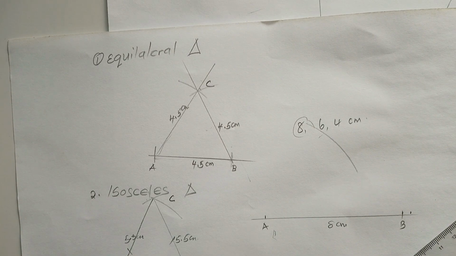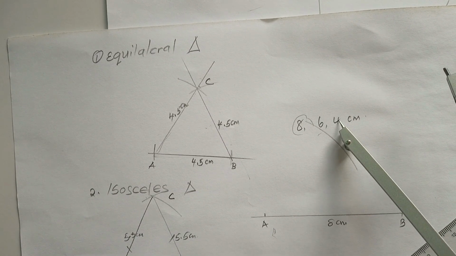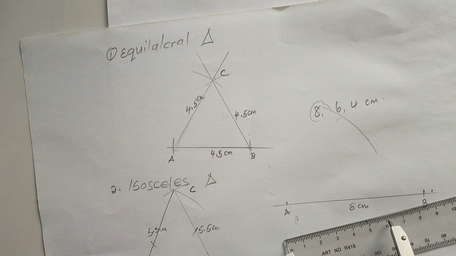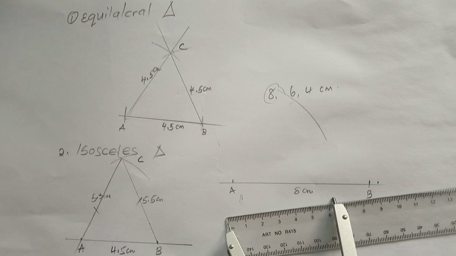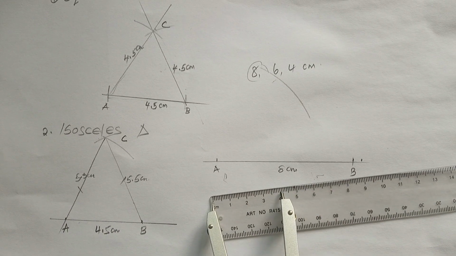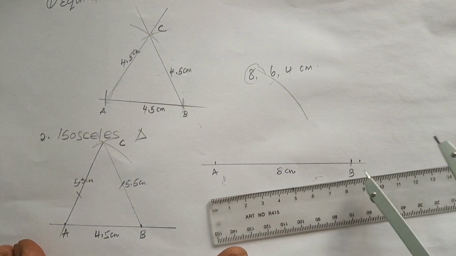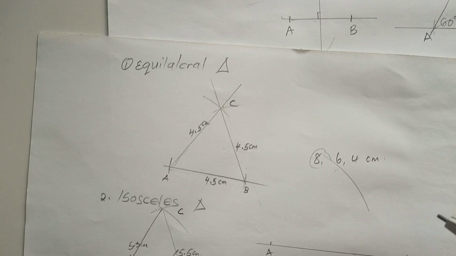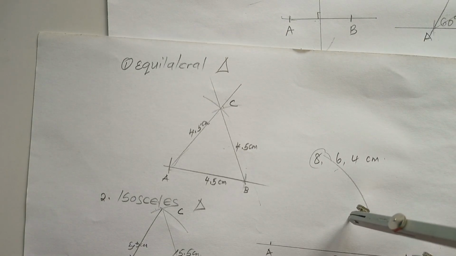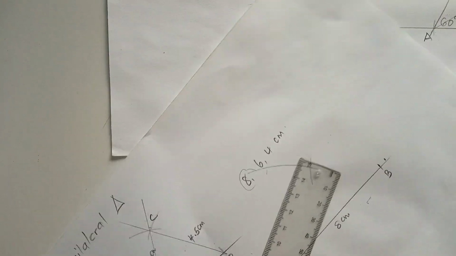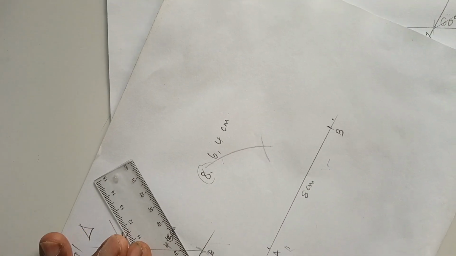And then the other measurement is 4.0. So we measure 4.0 from there. This is 4.0. And then at point B, because we had already utilized point A, we move to point B, we stand there, we make another arc there, and then we join the arcs.